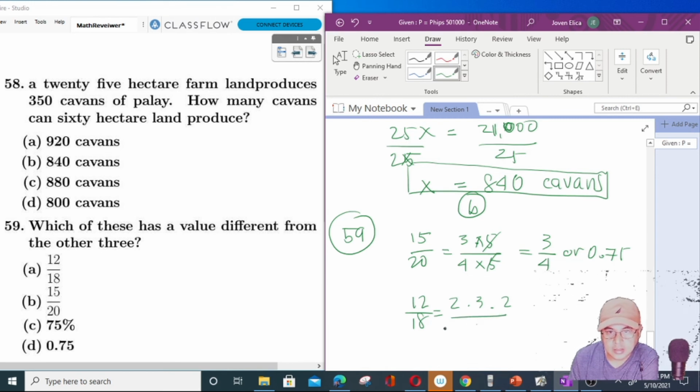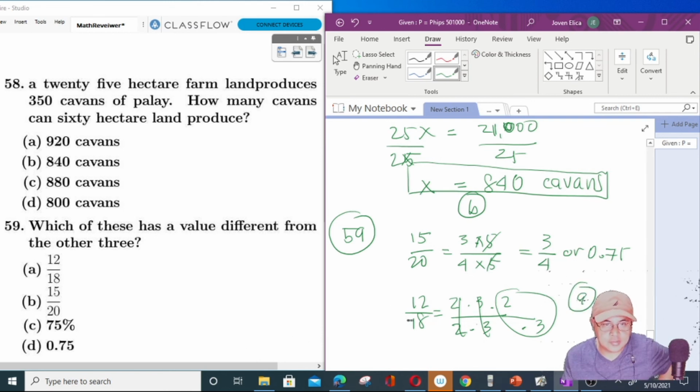So 3 at 2 times 3, 6 times 3, 18. This is 2/3. 2/3 is different from the 3 choices. So the answer is letter A. So it's simple.